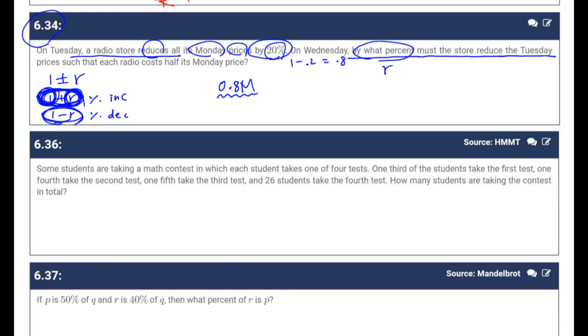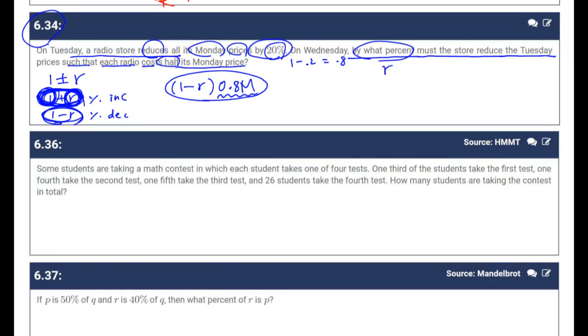And if I do the same, 1 minus whatever that R is will give you the new decreased price, one more time, okay? Further decreased price, right? And you want that to be such that each radio costs half its Monday price. Well, half is 0.5, 50%, right?